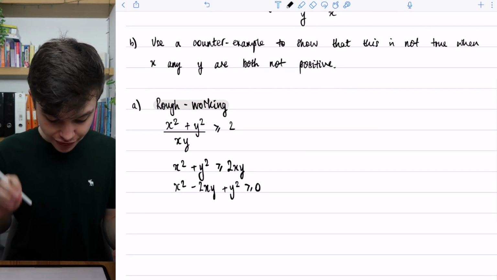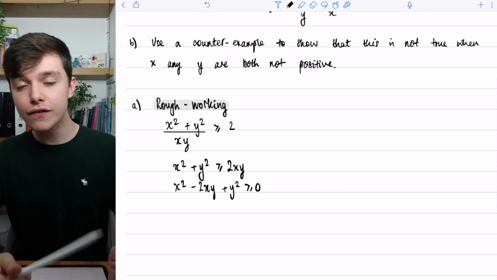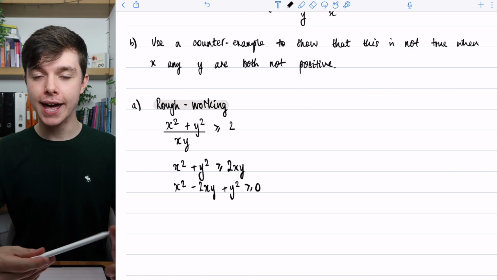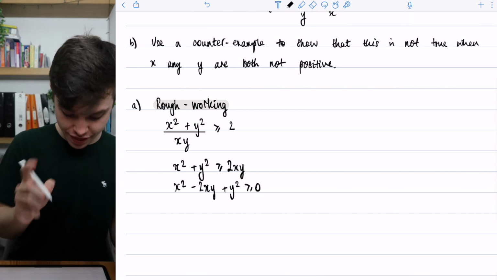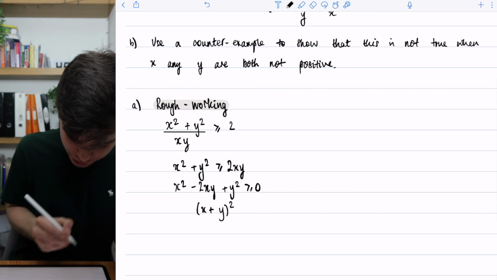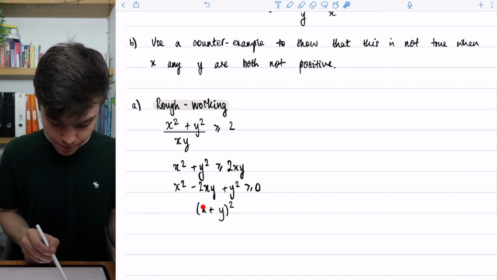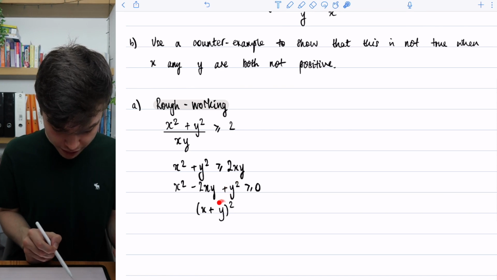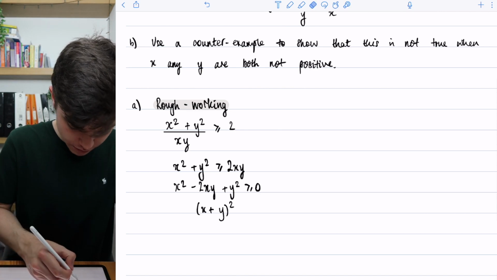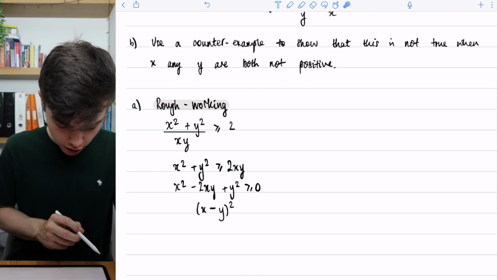Why have I written it like that? Well, because hopefully you can see that's an expanded form of a generic squared bracket, the expanded form of this bracket, x minus y squared. The reason for that is because we have an x squared from this term, we have a y squared from this term, and oh, actually it should be a negative. I apologise, it should not be a plus, it should be a negative because we took the 2xy across to the left.